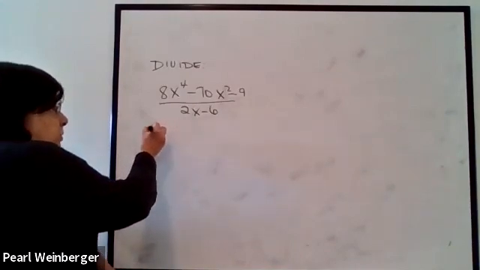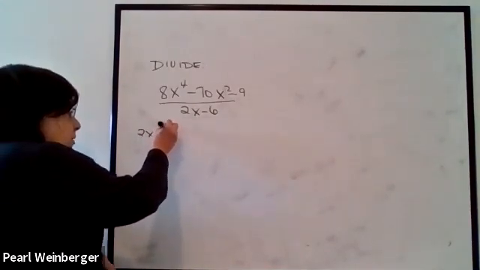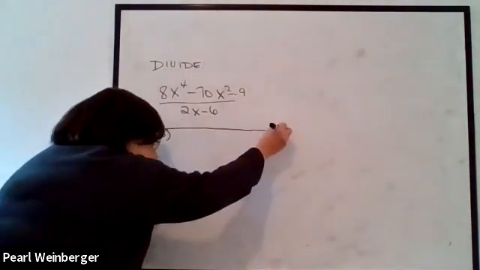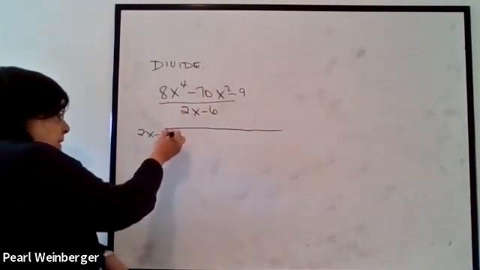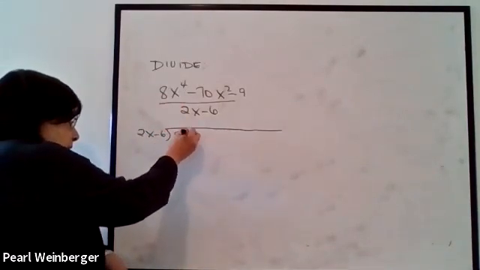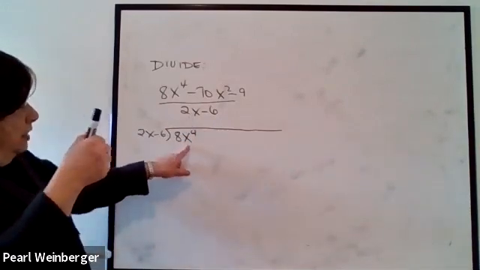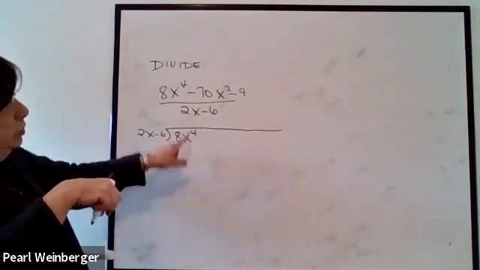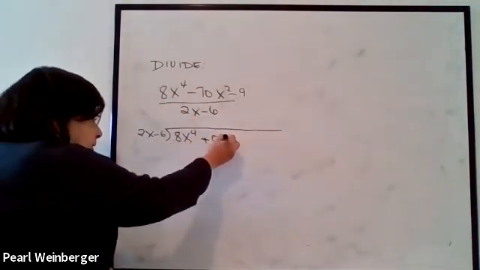So the first thing I'm going to do is put the 2x minus 6 on the outside. And on the inside, I have an x to the 4th, so that's my highest power, 8x to the 4th. The next thing I'd expect to see after an x to the 4th is an x cubed, but there's only an x squared. So I have to put in a space maintainer for that.